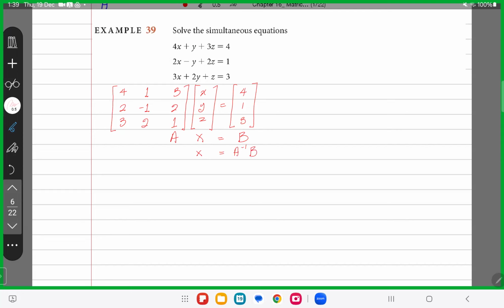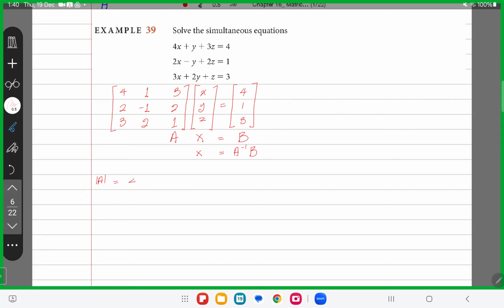So the first thing we need to do is find the inverse of A, which is my 3 by 3 matrix. Let's start out by finding the determinant, because we will definitely need the determinant of A.